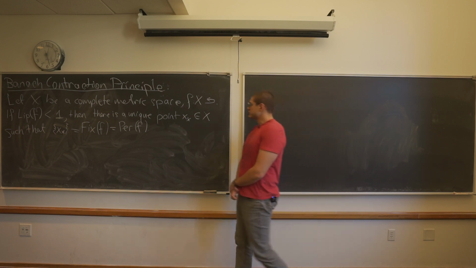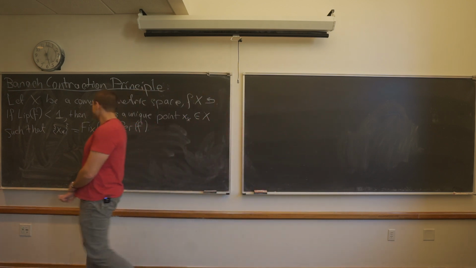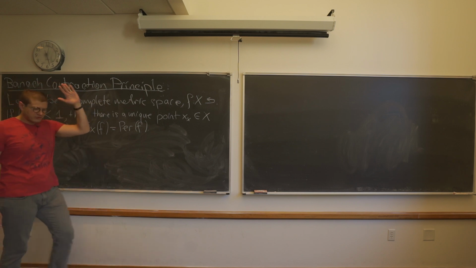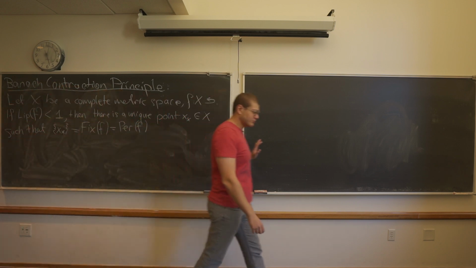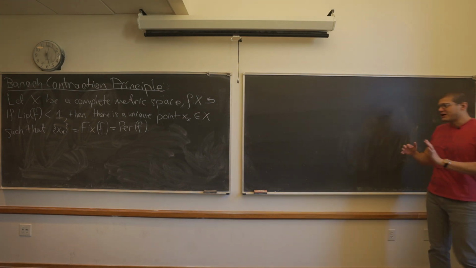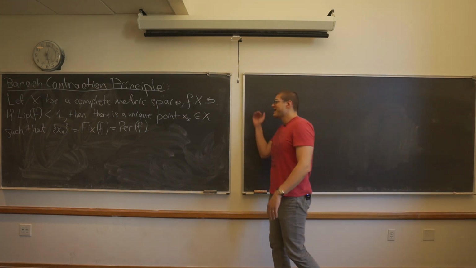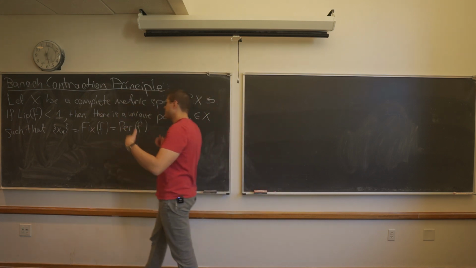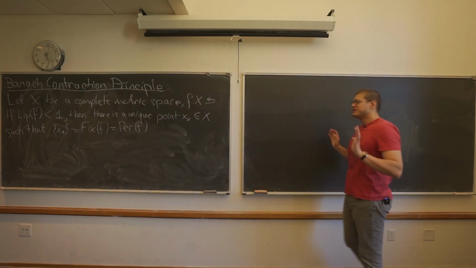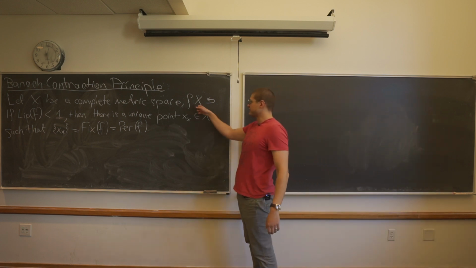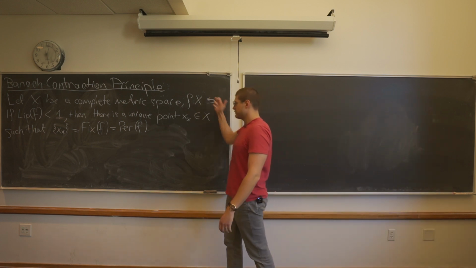So this is the situation. If I have a complete metric space, and from the first part of the class, we know by now that the moment you see the word complete, that means that in the proof somewhere there should be a Cauchy sequence. Because I want to say, oh, this sequence is Cauchy. Because the space is complete, it has to converge to some point, right? You should immediately think of that. And I have a function defined on X, sending it back to itself.